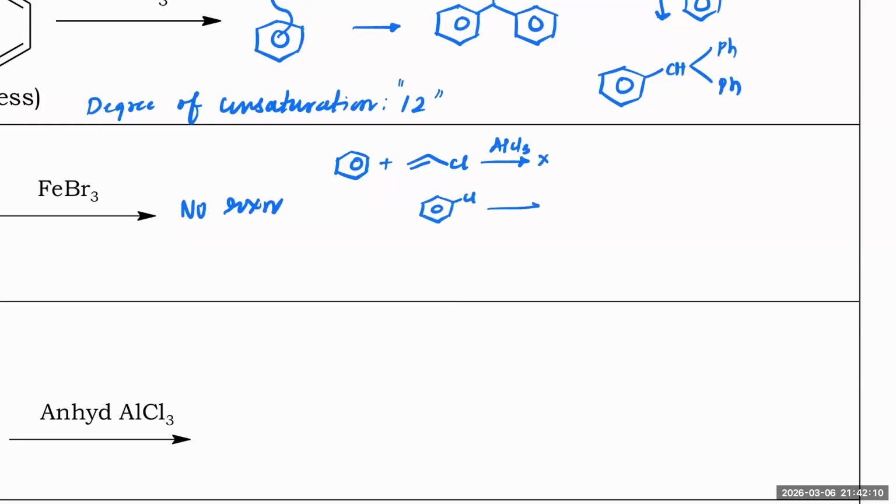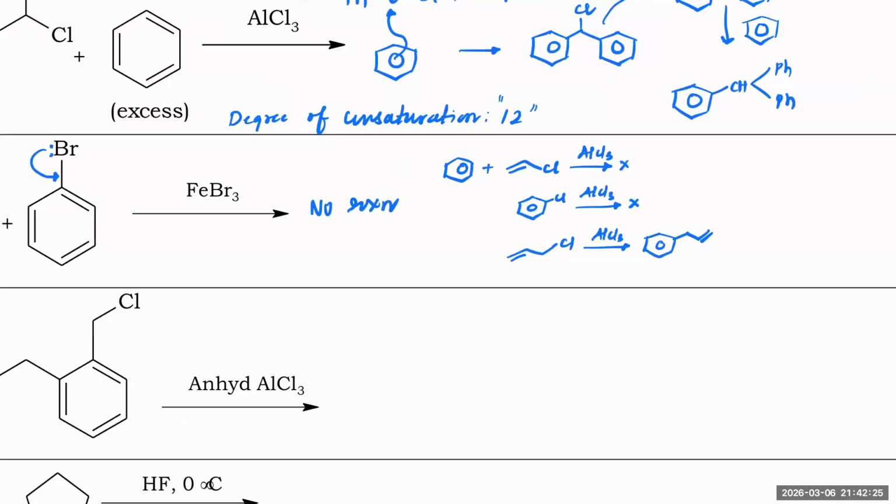If you have chlorine here in the presence of AlCl3, no reaction. But if you have chlorine here, at the allylic position, in the presence of AlCl3, definitely the reaction will happen. The allylic group will attach. So Friedel-Crafts reactions will not happen on vinylic and phenylic positions.